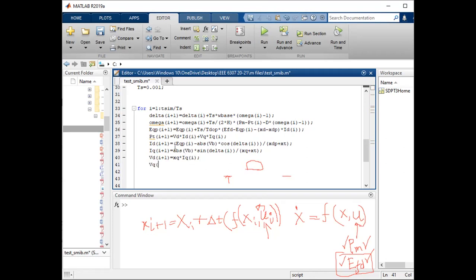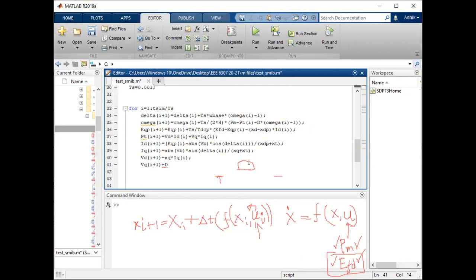Similarly, VQ should also be represented in terms of some state variables. So that is EQ dash minus XD dash ID. So it is EQ prime minus XD prime ID, where ID should be indexed.